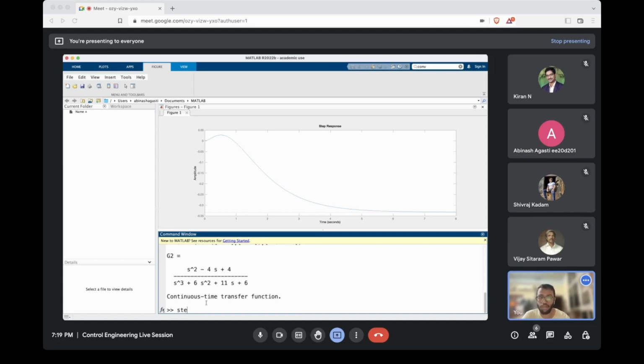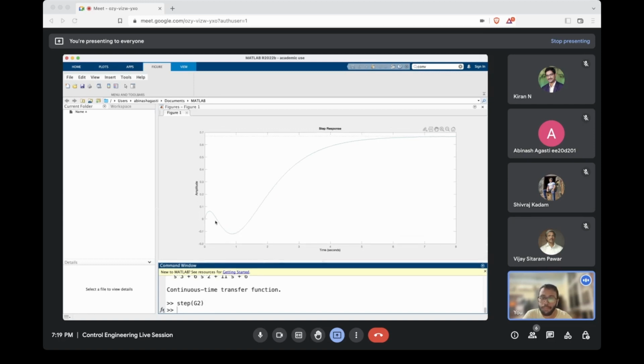Now let us check this. Now what do you see? You can clearly see from 0, it goes upwards, then comes back down, then again crosses everything to move back to some other steady state value. Okay, is this clear?